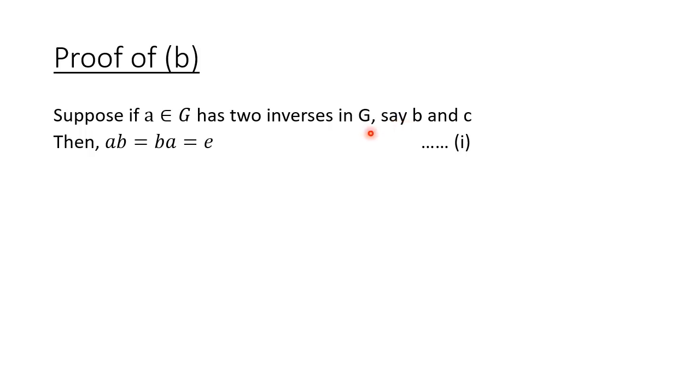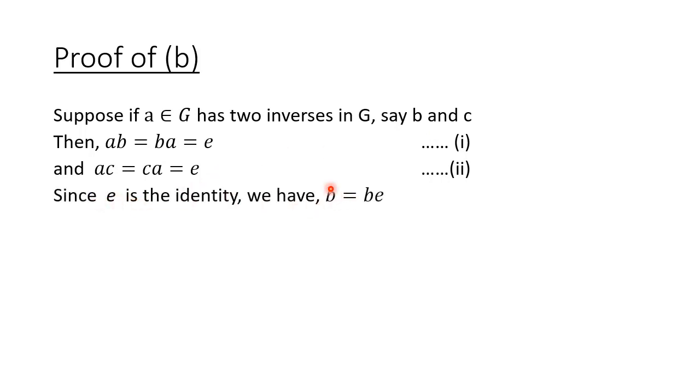Taking B as inverse, we have this equation. Similarly, taking C as the inverse of A, we have AC is equal to CA is equal to E. Now our aim is to prove that B is equal to C. The inverse being unique means there should not be two different inverses; these two are equal. That is our claim.